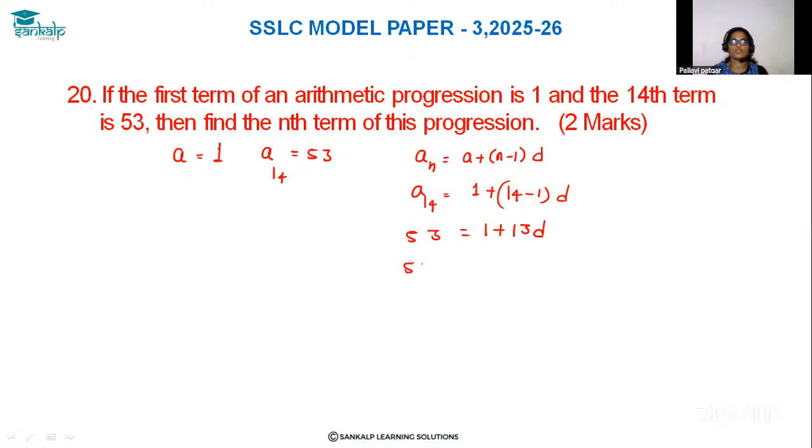So 53 minus 1 is equal to 13d. Simplify this: 52 is equal to 13d. So d is equal to 52 divided by 13. 13 ones are 13, 13 fours are 52. So this is equal to 4.